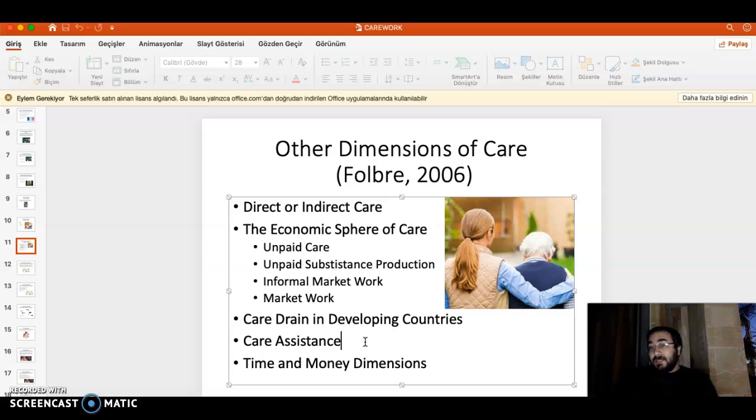All of these things are usually thought of as internal family issues and are not properly measured, and Nancy Folbre thinks they should be measured.